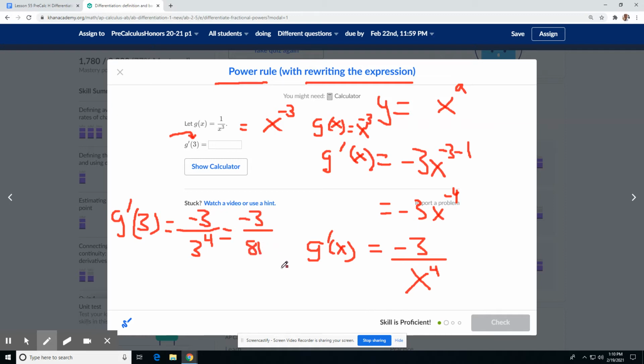And one of the few tricks I remember from math class is that if you add the digits and the sum is divisible by 3, then the number itself is divisible by 3. So 8 plus 1 is 9, so 3 goes into it. So how many times does 3 go into 81? 27 times. So the answer is -1 over 27. That's our g prime of 3.